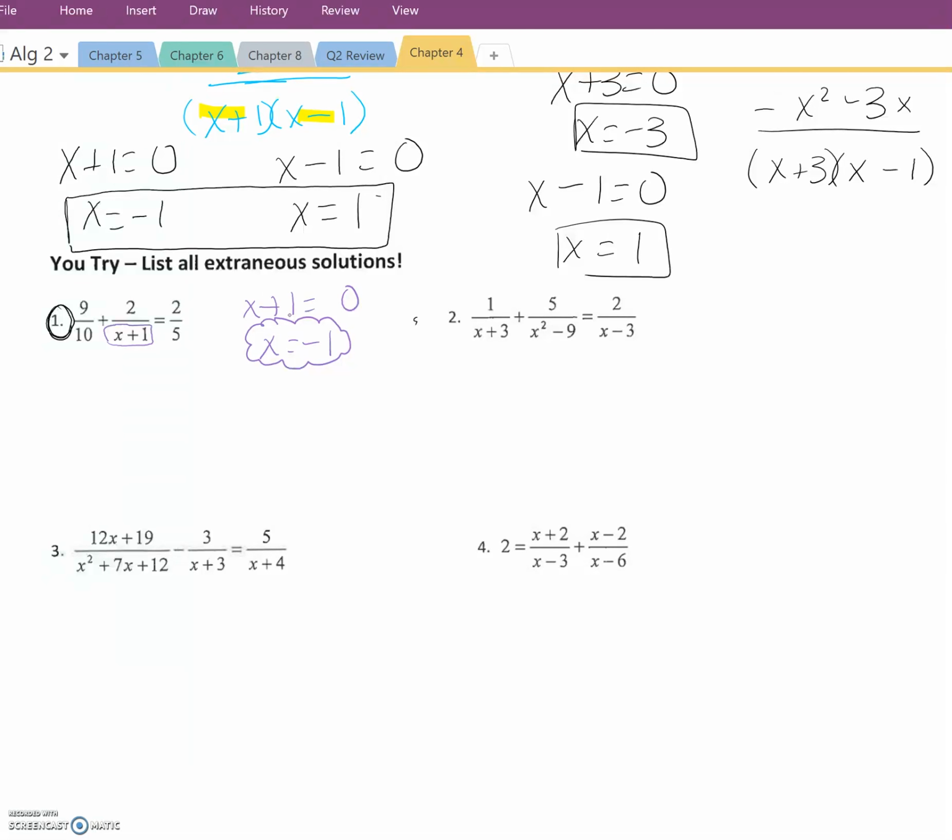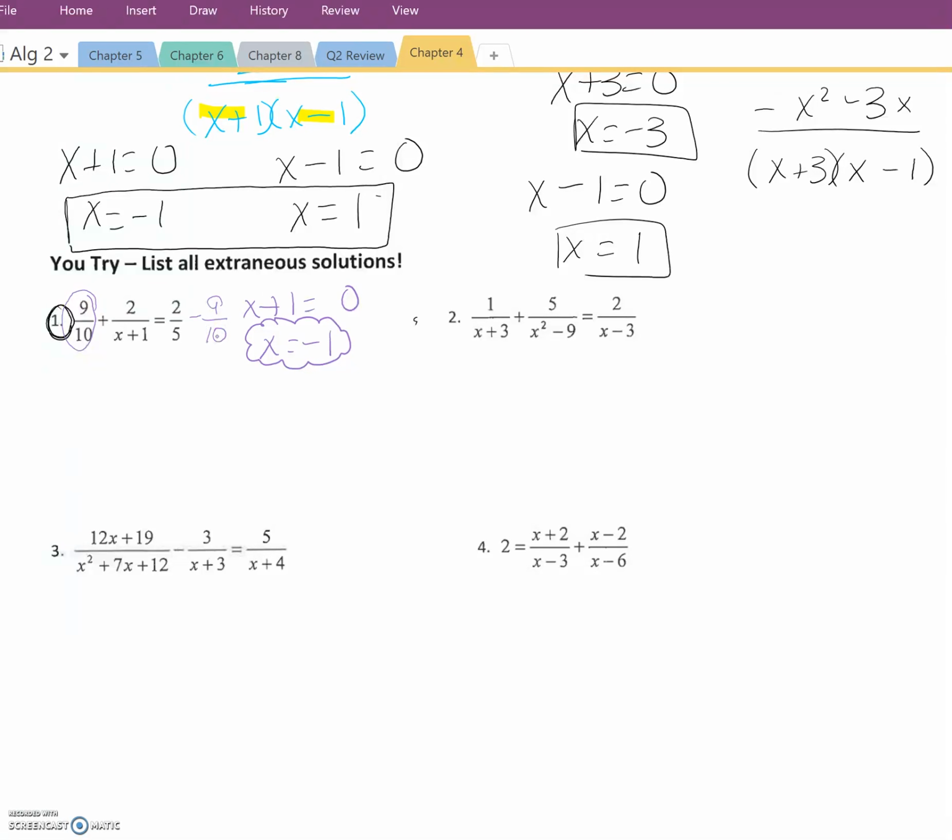Okay. Now for this one, I need to look at my common denominators. Okay, I can't use cross multiplication. Well, I guess I could if I moved the 9/10 over. So actually I'll show you guys how to do this one two different ways. The first way is to take the 9/10 and to subtract it from 2/5.